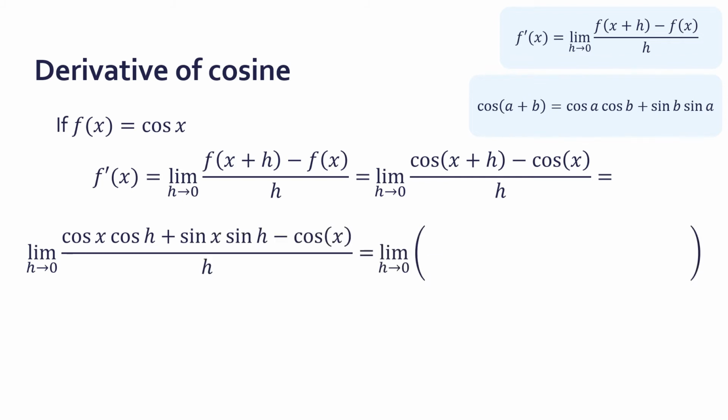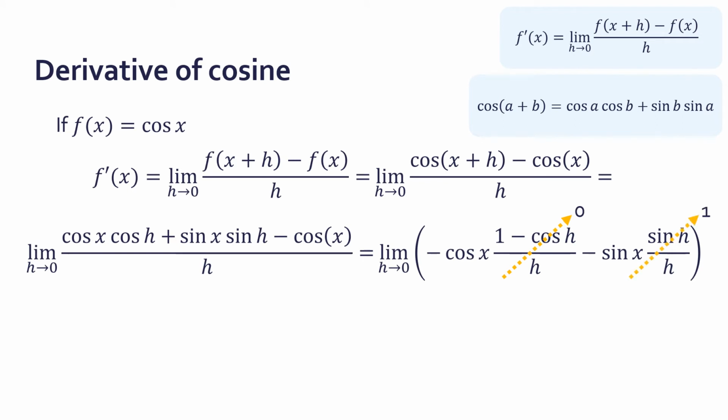The next step is to factorize the terms with an x and evaluate the limit when h approaches 0. When we multiply cosine of x by 0, the result is 0, and minus sine of x by 1 is equal to minus sine of x. And we obtain that the derivative of the cosine function is minus sine of x.